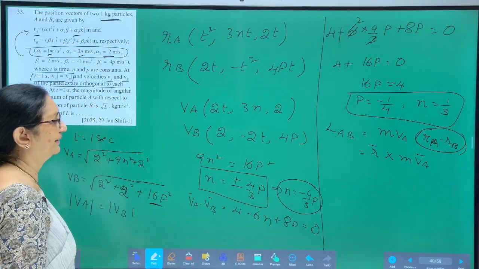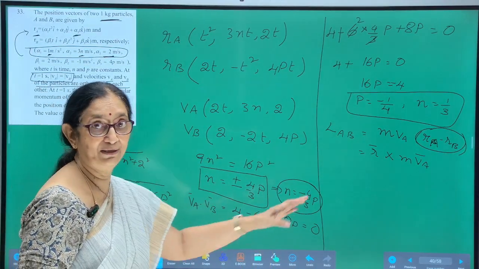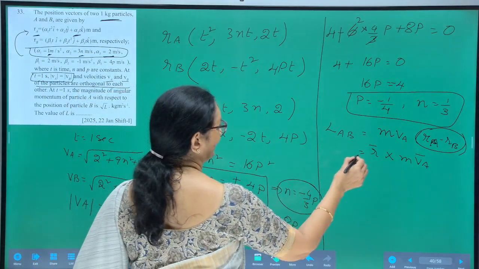But actually here the magnitude is asked, but anyway you have to find R bar now.